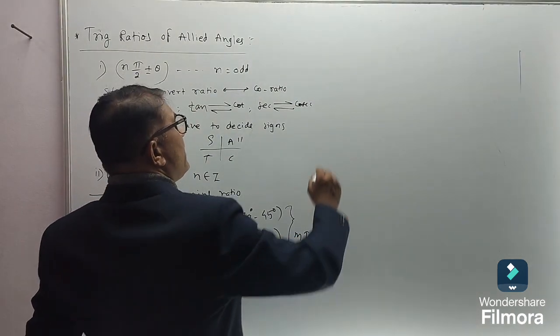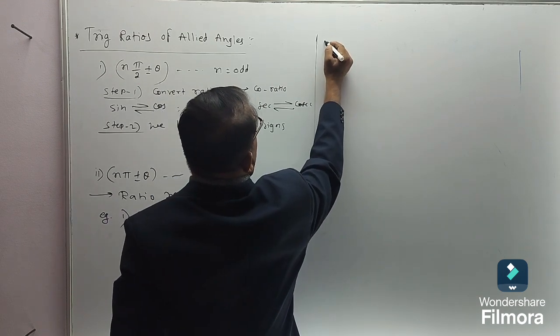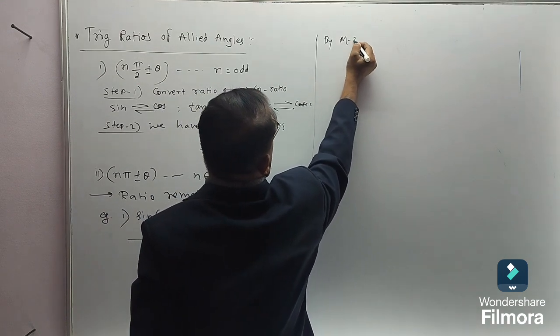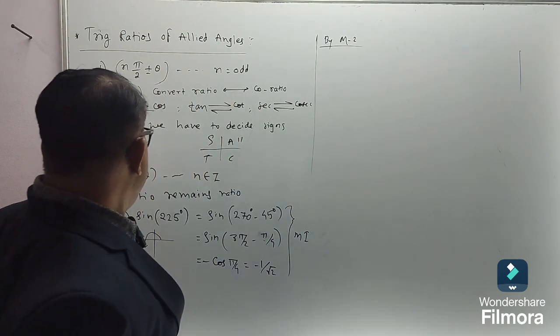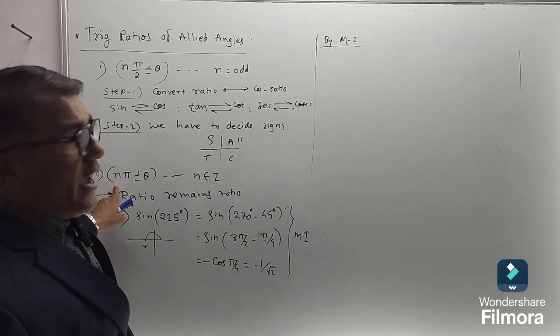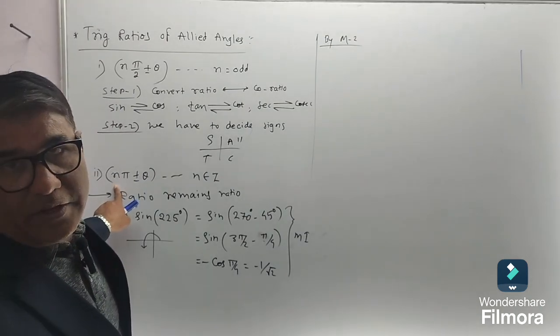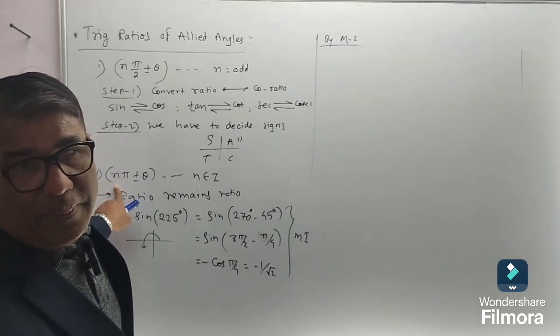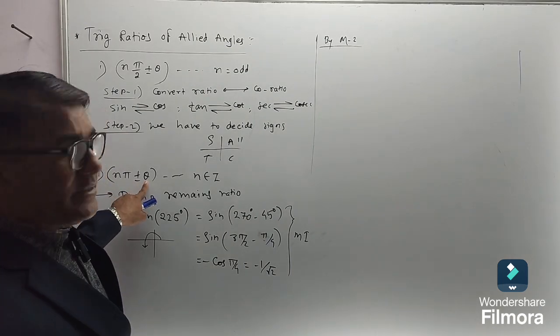Now let us find it by method 2. In method 2, angles are in this type. Yes, try to understand, it is simple. n pi plus or minus theta.